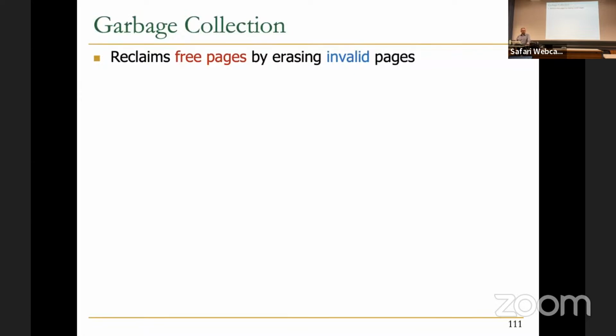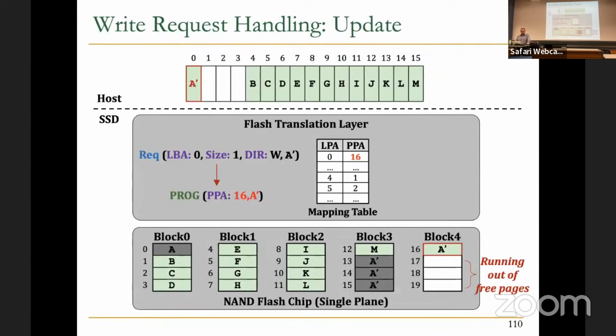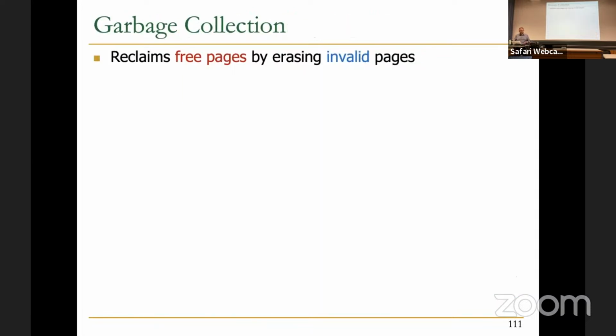So what does garbage collection do? Essentially, we have some wasted space because of these invalid pages. You want to get rid of these invalid pages, erase that block, and make that block ready for future writes.